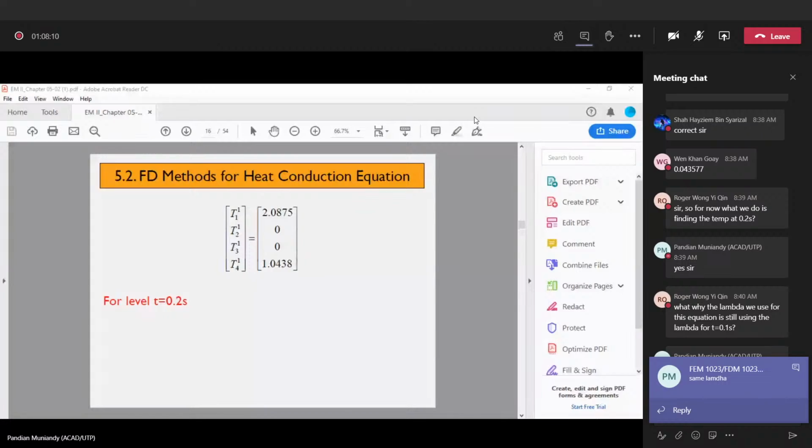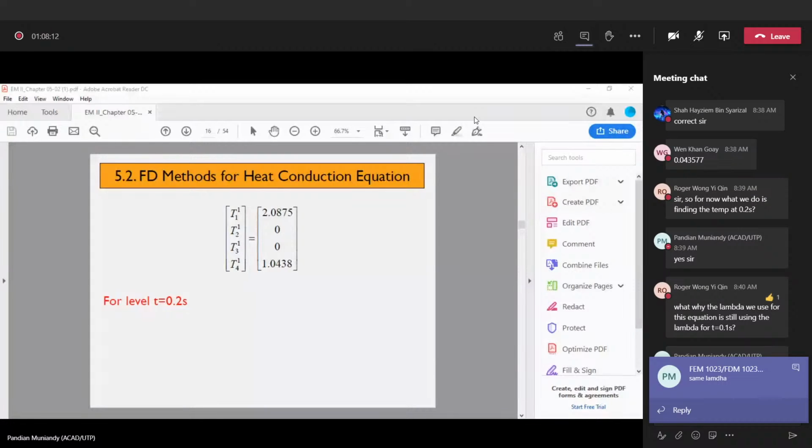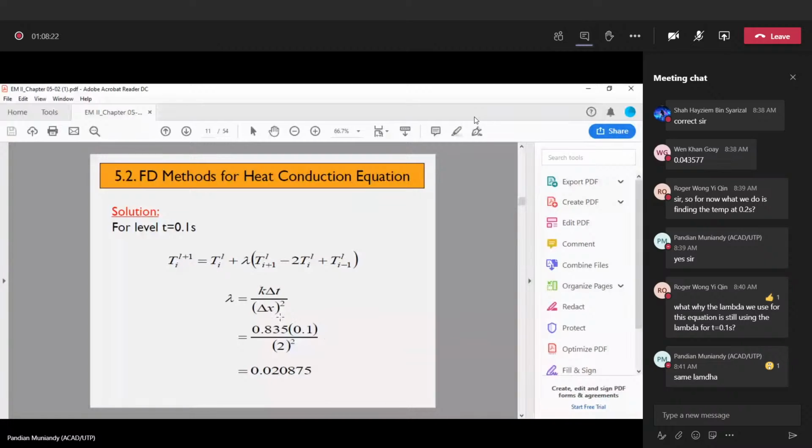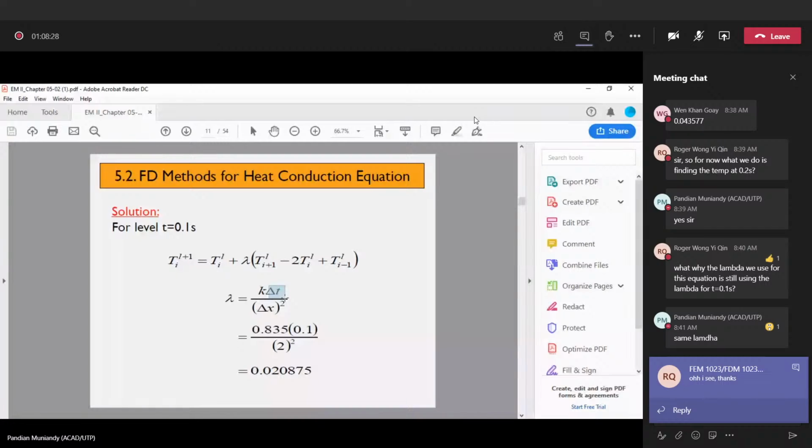Because the del T is 0.1. You see, the lambda, you cannot change. Lambda is constant. Lambda depends on del T, class. See this one, it's not T, it's del T. So del T is 0.1.